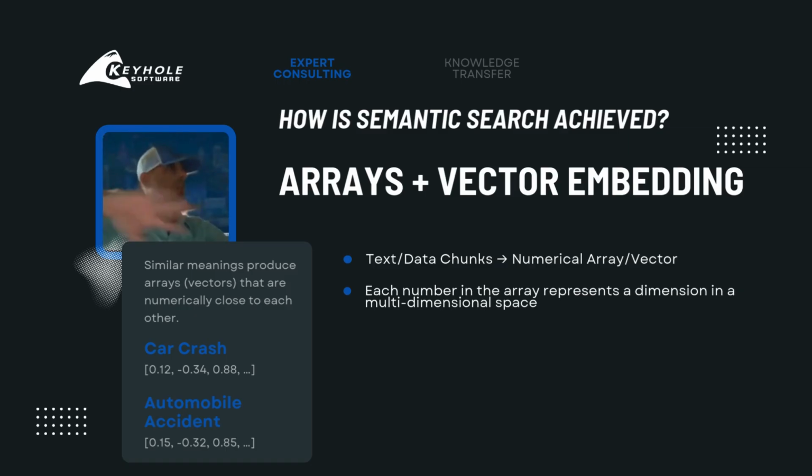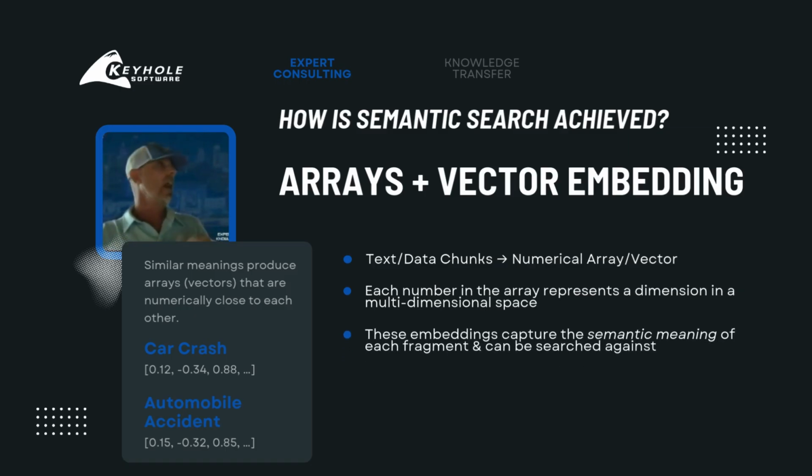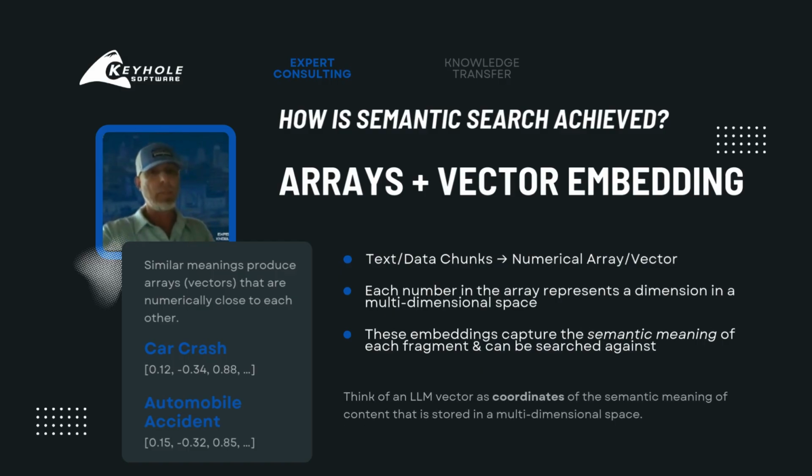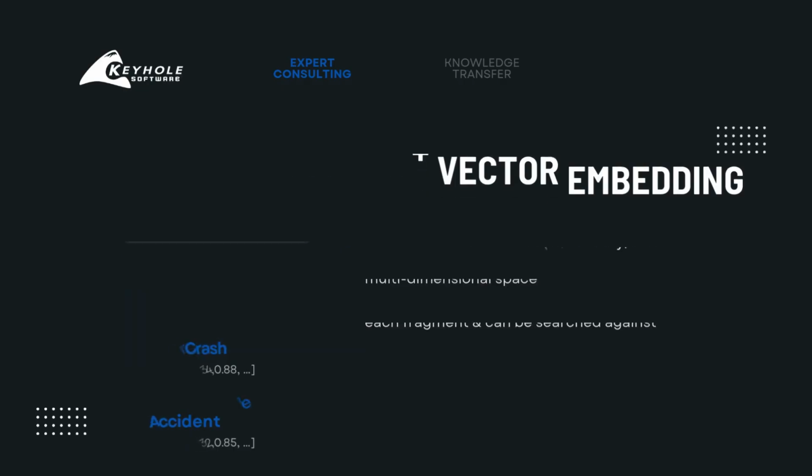The high dimensions, a lot of different directions things are going. But once I do that, I can search for similar things to this array and get results back very quickly. So think of them as coordinates that have the semantic meaning for a sentence. In our case, we're using text, so sentence, paragraph, documents. And similar pieces of content produce vectors that are close together in that dimensional space.